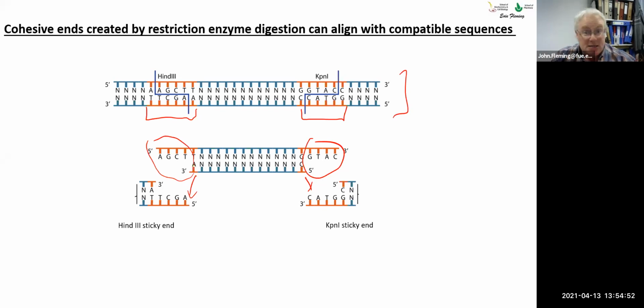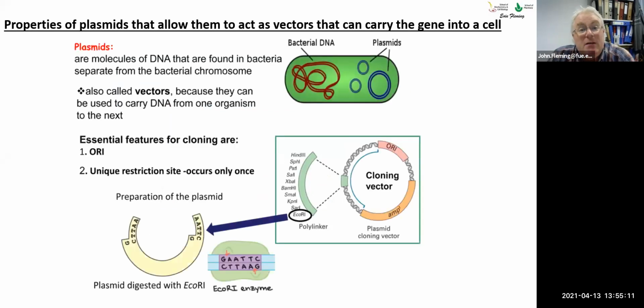It can be any nucleic acid sequence, as long as there are these compatible sticky ends, then our fragment of interest, the nucleic acid sequence that encodes our gene of interest, is capable of associating with some other nucleic acid. And this is where our plasmids come in. So plasmids can act as vectors in order to carry genes into cells, in much the same way that plasmids are used in order to carry genes into bacterial cells.